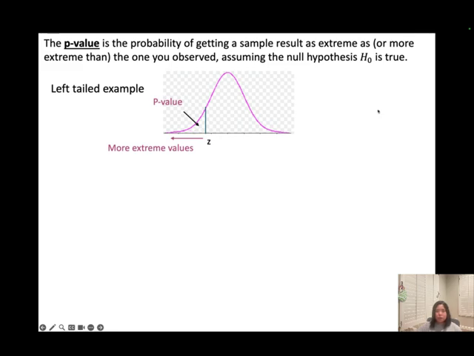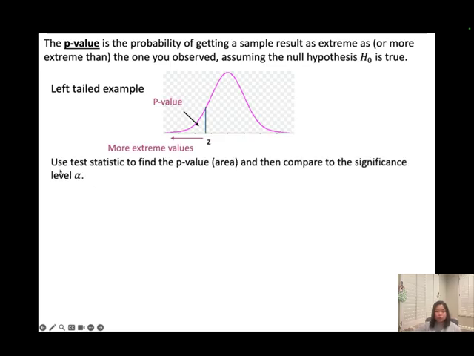Okay, one more time. After we collect the sample data, we use the formula to find the test statistic. And then the test statistic will help you find the area of the left tail. And this area of the left tail will be equal to your p-value. So use the test statistic to find the p-value, which is the area, and then you compare it with your significance level.